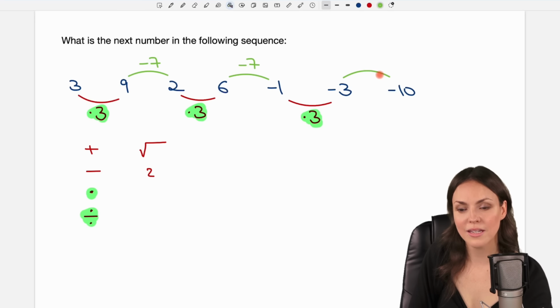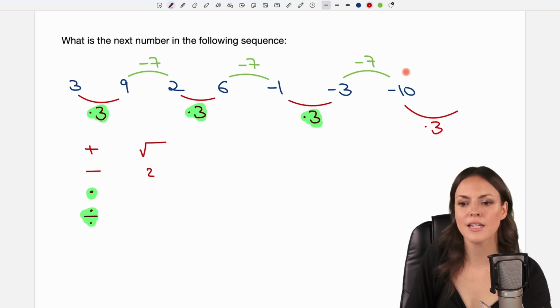Is it the same here? Yes, I have to subtract 7 again, so my pattern is perfect now. Times 3 minus 7, times 3 minus 7, and so on. So I have times 3 here at the end. -10 times 3 equals -30, and this is my result.